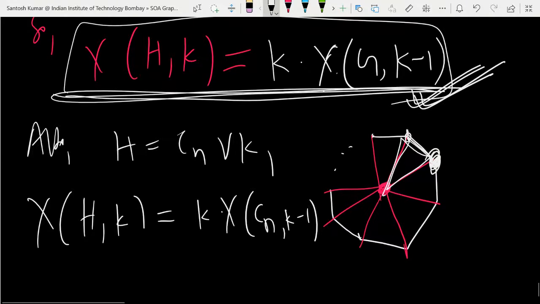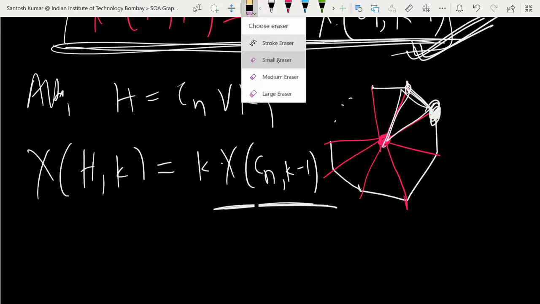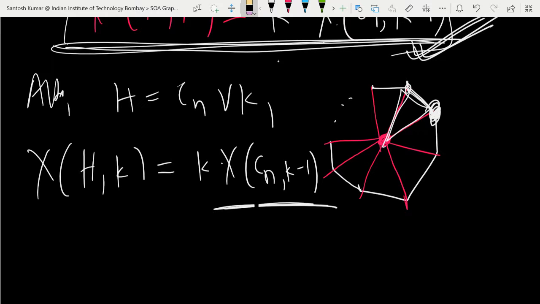And then what is the proper coloring number of ways of coloring of this Cn? So we established in the last class, right? So what is the formula? K times, and actually this is the chromatic polynomial for Cn using K minus 1 colors, okay?